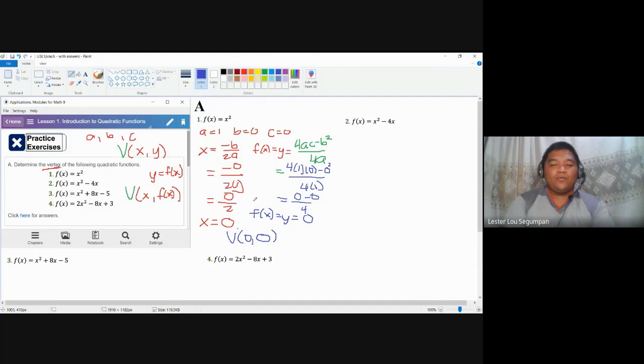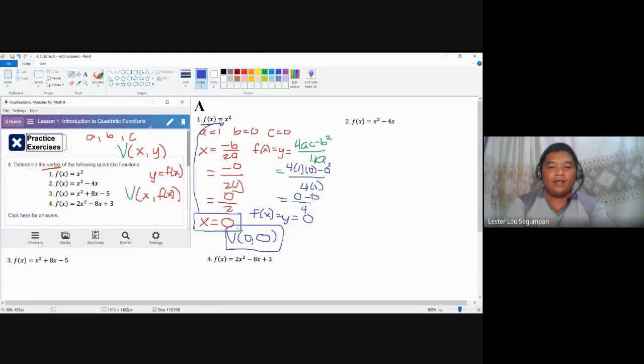So that you will not be memorizing the formula, looking only at the formula for the x, whatever the value of your x is, simply substitute it in the given function to get your f of x. So if x is 0, 0 squared, your f of x is 0. That is why you have this vertex. Again, the first scenario is using this formula. But for those of you who will forget this formula, no worries.